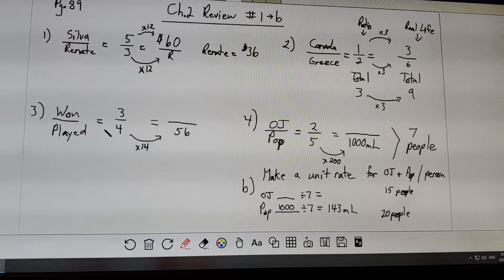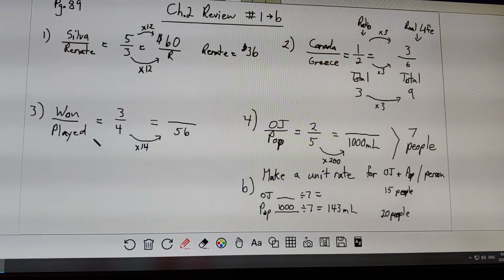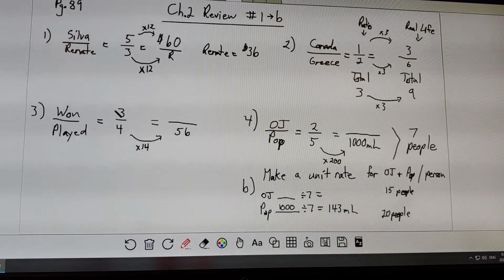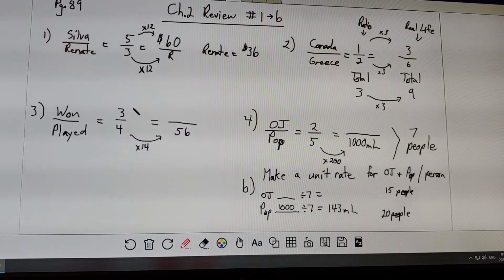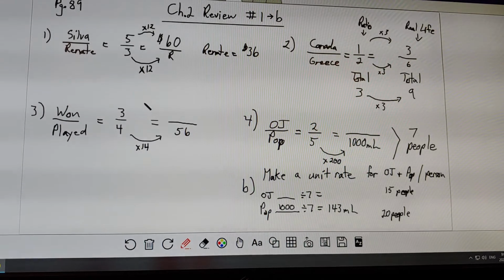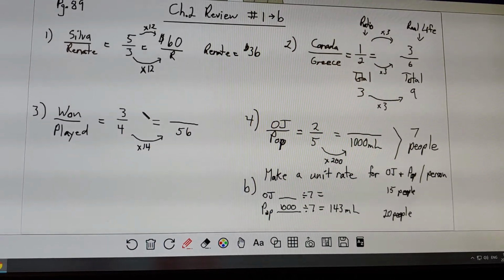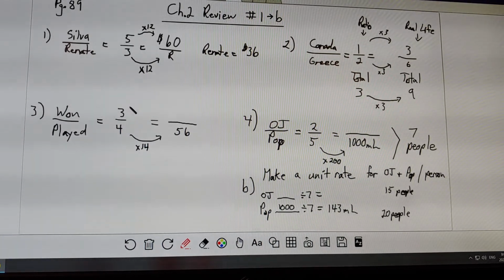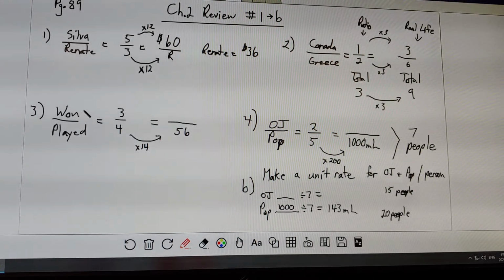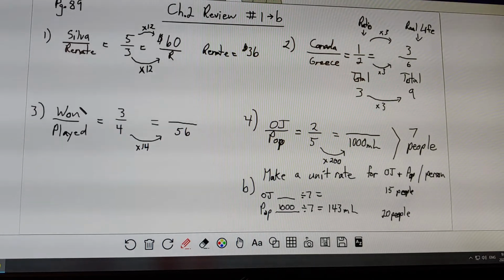Down to number 3. It said the St. Croix junior hockey team won 3 out of every 4 games that it played. And they played 56 games. How many did it lose? Okay. So what they've given us is how many games they won out of how many games they played.